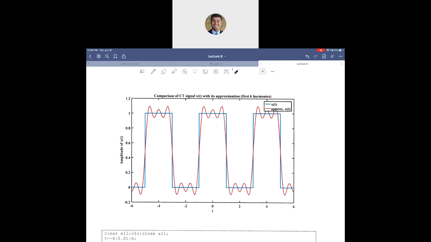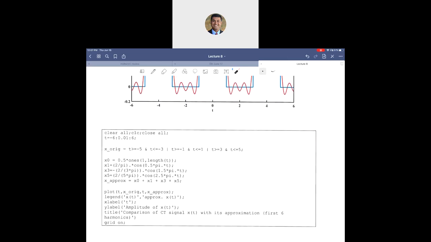So as you are summing up multiple sinusoids, on this particular graph that I generated using Fourier series coefficients in MATLAB, the blue line is x of t, the rectangle, the periodic square wave, and the red one is the approximation of x of t using the Fourier series coefficients. So the code is over here at the bottom, and you can refer to it later on, and we'll revisit this when we come back on Monday.